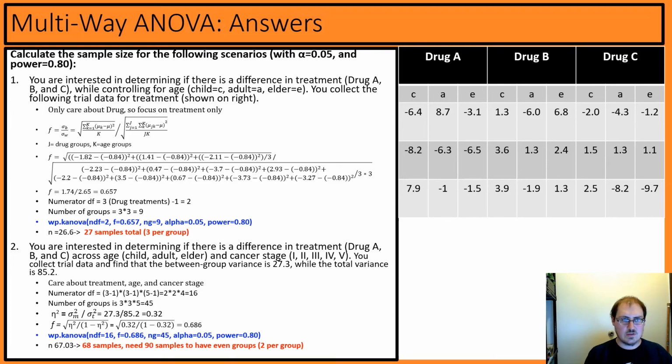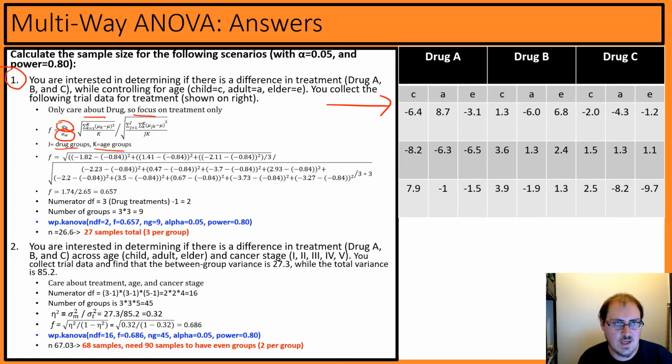Okay, so this first one's a bit of a wall of equations, but let's work through it together. We get the information raw here, so we have to calculate things ourselves. These two values are different standard deviations, so it's this equation divided by this equation, where J is the drug groups and K is the age groups.